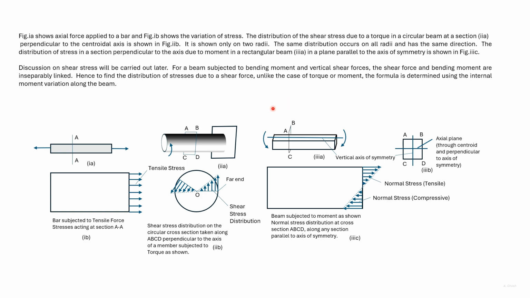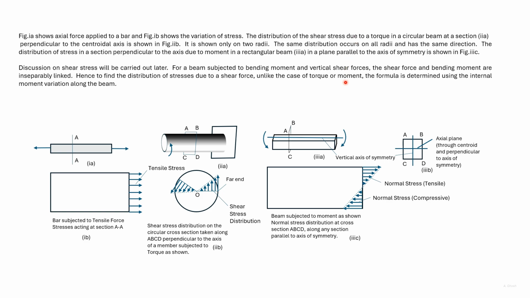The strain was then multiplied by the Young's modulus to give the stress as per Hooke's law. The stress variation known, we related it to the internal torque and the internal moment. Thus, we obtained the torsion formula and the flexure formula.